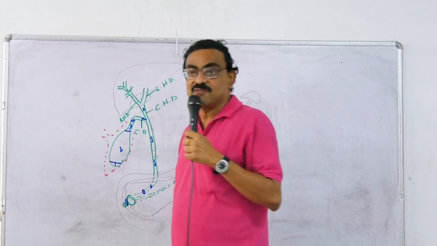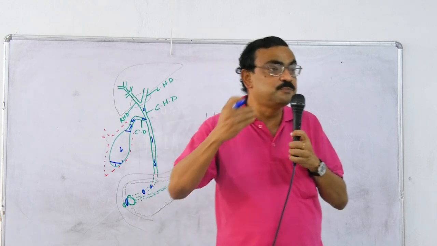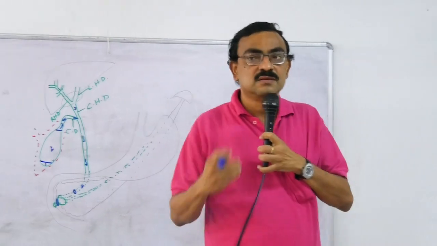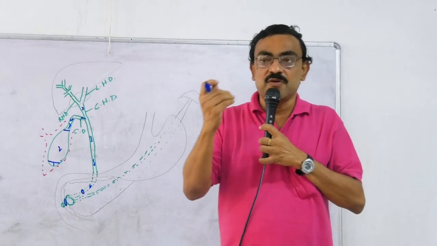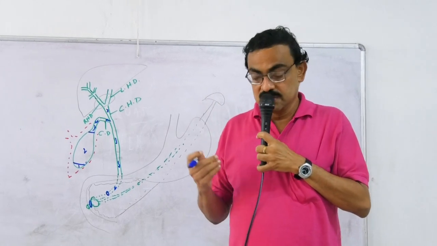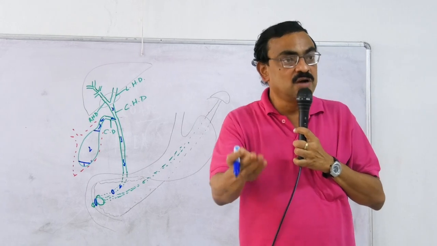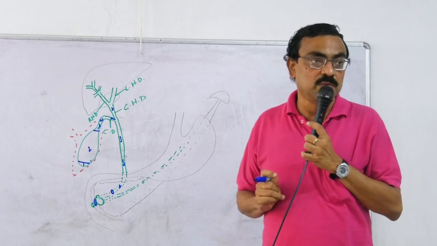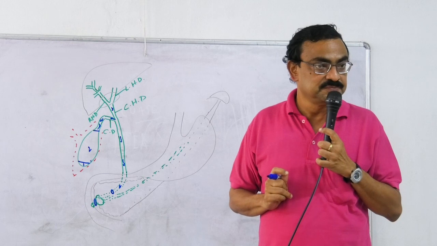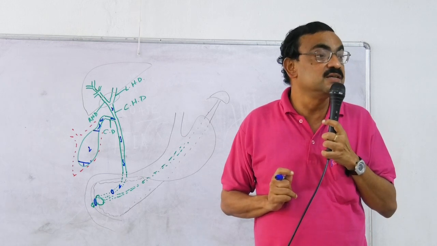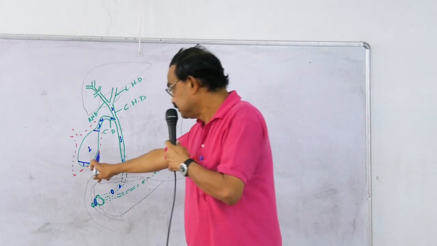Part 1 is the fundus of the gallbladder, which projects a bit in front of, or projects beyond, the inferior border of the liver. That is called the fundus of the gallbladder, Part 1.